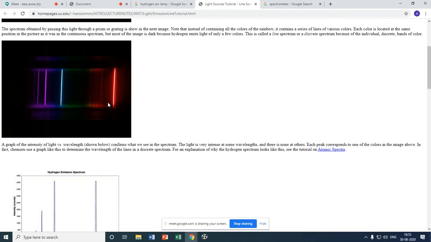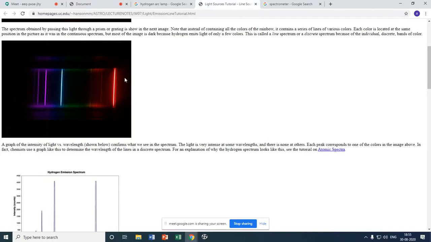Come to the picture now. What are all these red lines? The red is the main line, and after that there are thin, equally spaced red lines. And again green, then this. So these are different spectral series.